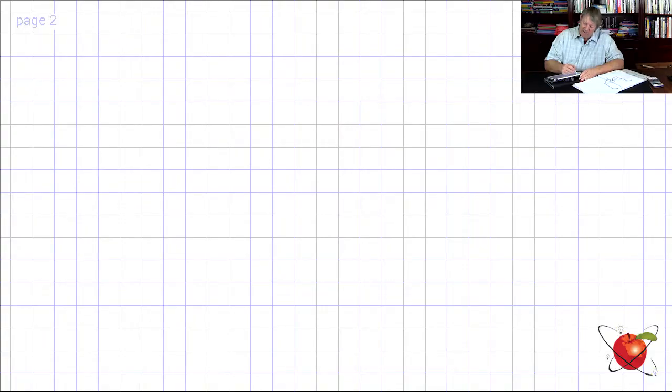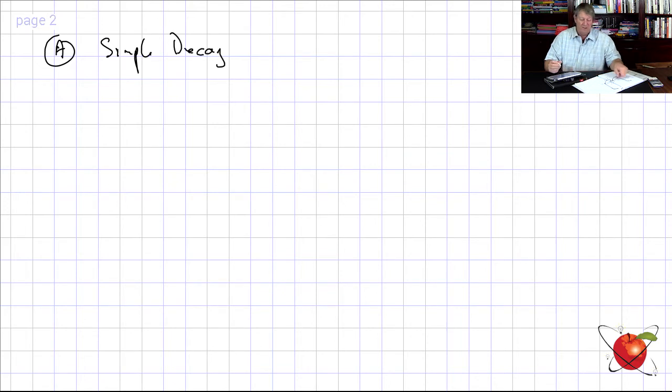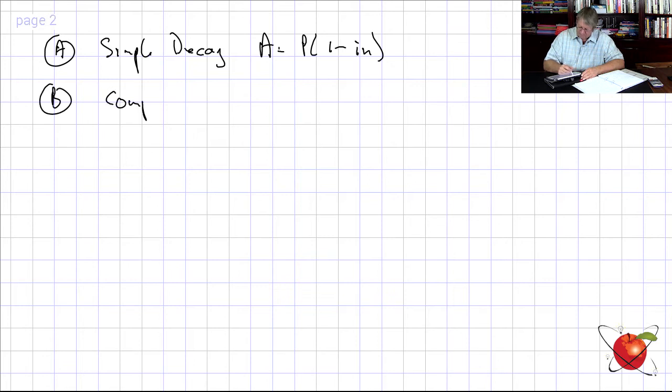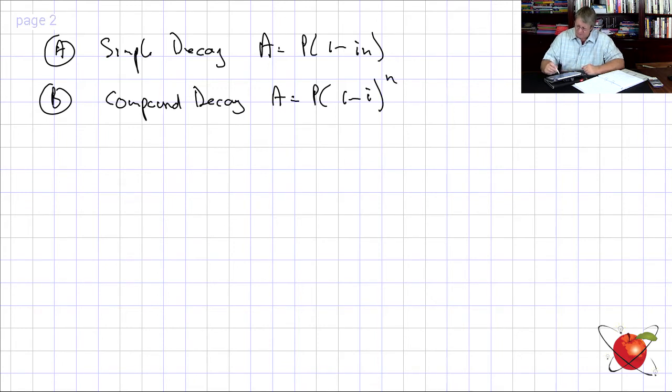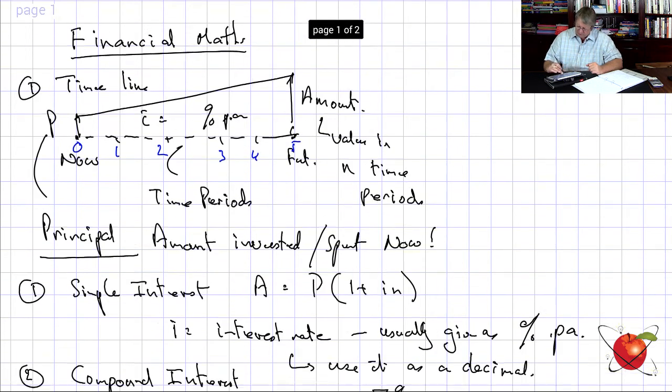So if we've got then, let's say A, we can have simple decay, where amount is equal to P times 1 minus I to the N, and compound decay, where A is equal to P times 1 minus I to the power of N. Okay, so we've got all that.